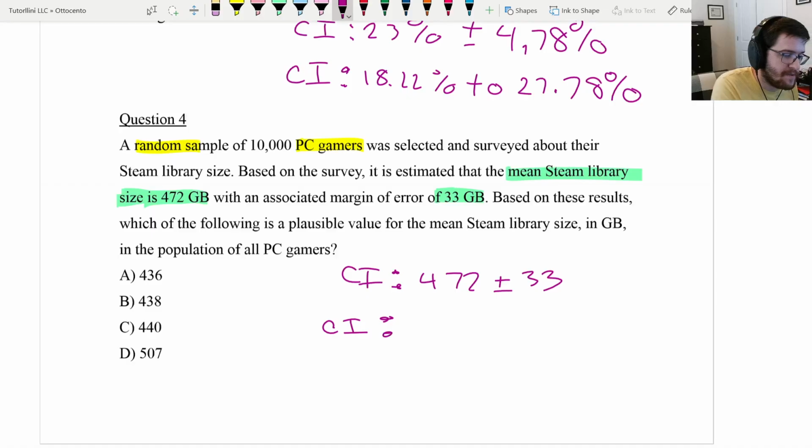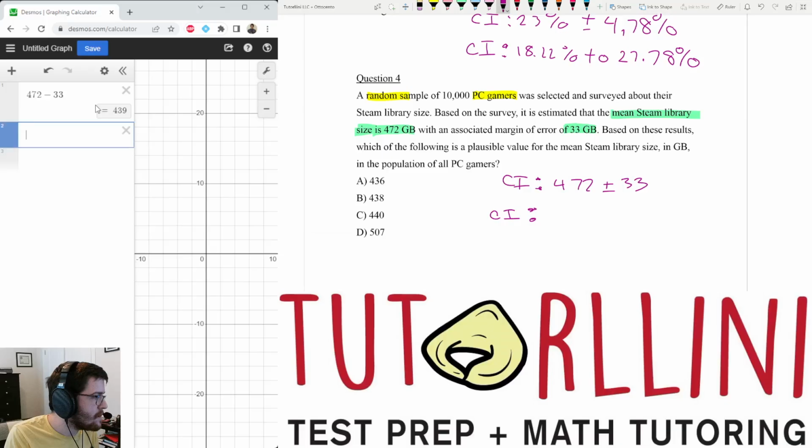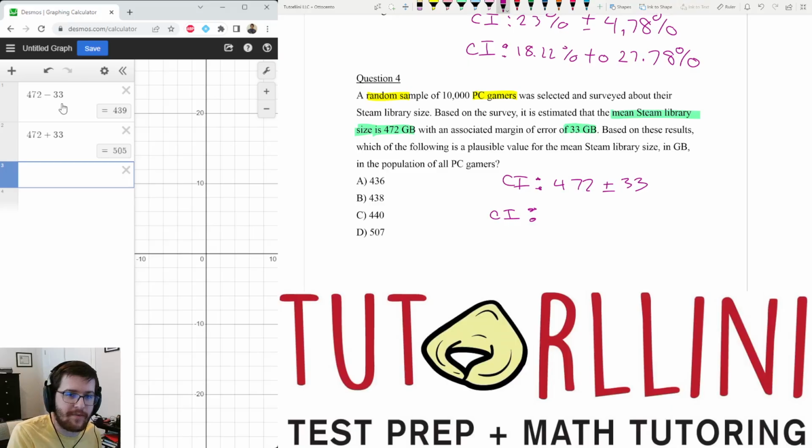And our confidence interval is, let's see what that is. So 472 minus 33 and 472 plus 33. Should get 439 to 505. So 439 gigabytes to 505 gigabytes.